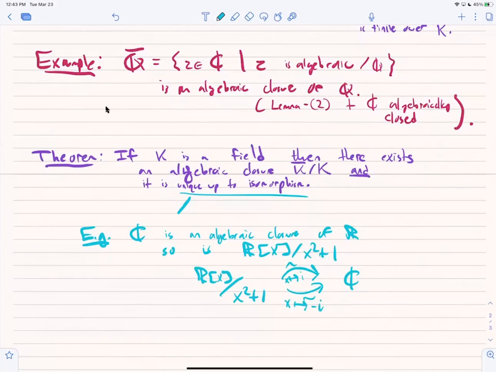Algebraic closures are unique only up to isomorphism for essentially the same reason that splitting fields are unique only up to isomorphism. One way to think about algebraic closures is that you took splitting fields for all polynomials and found a way to put them together into one big extension. And that's actually one way you can prove this theorem.